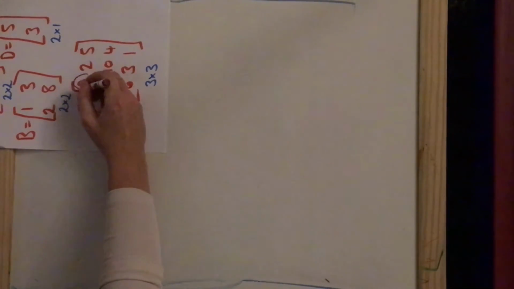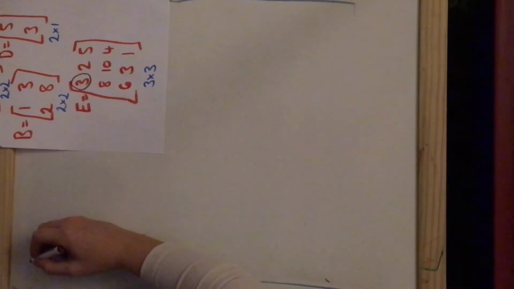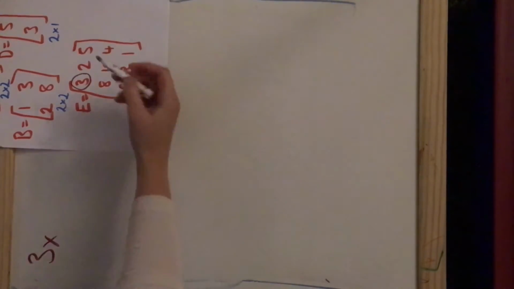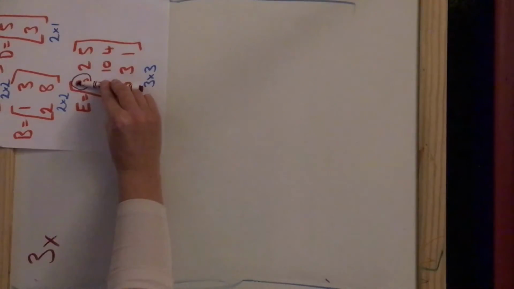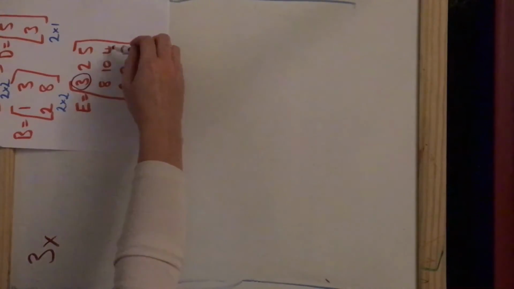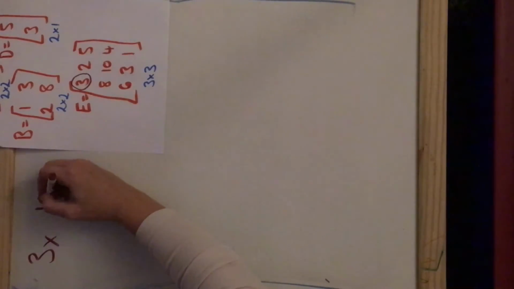So if we get this 3, which would move over to here, so we don't completely lose the number, and then if we cover up this column here and this row, it leaves us with 10, 4, 3 and 1.